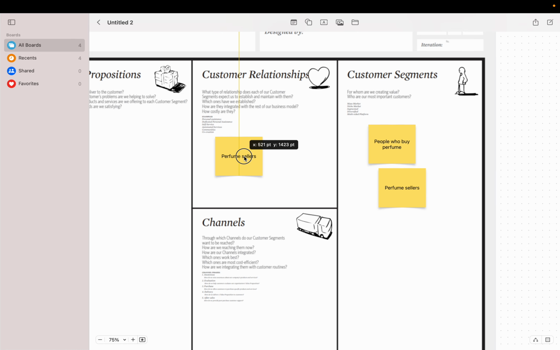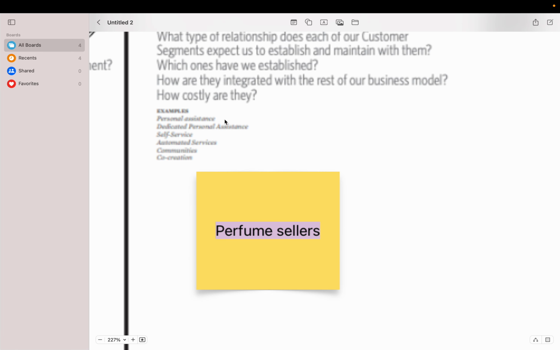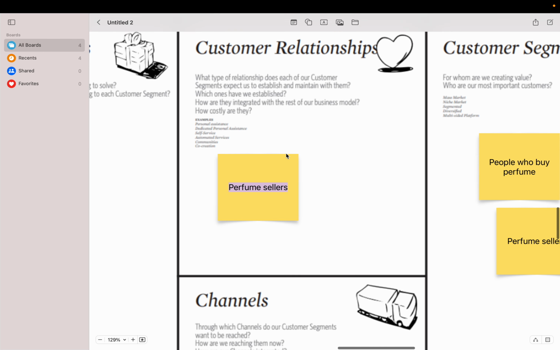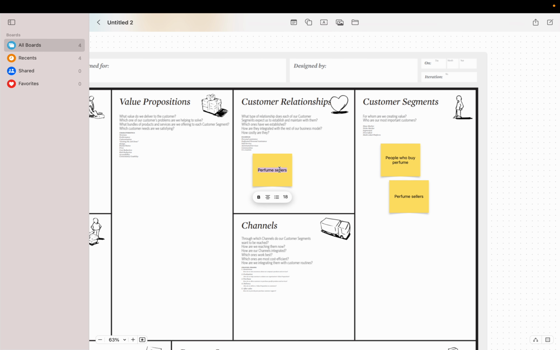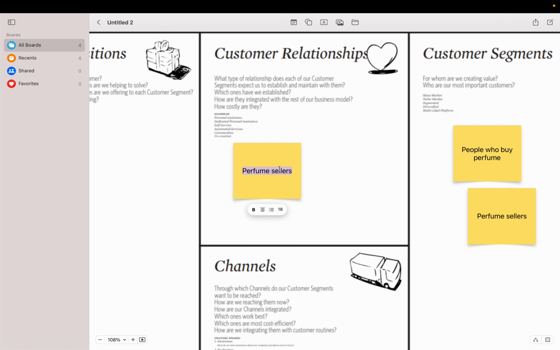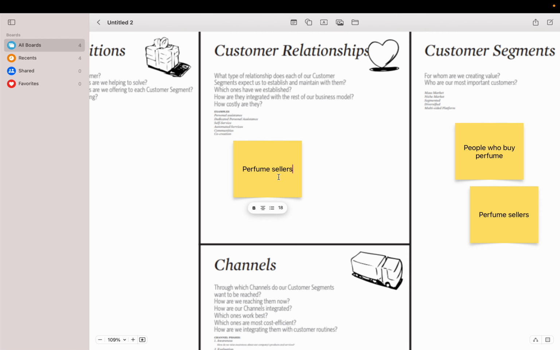Then for customer relationship, let's think, when someone buys perfume, it's more about personal care. But then how does the company communicate their value? How do they relate to you? Personal care is the value of it, but we're talking about how the customer actually interacts with the company.